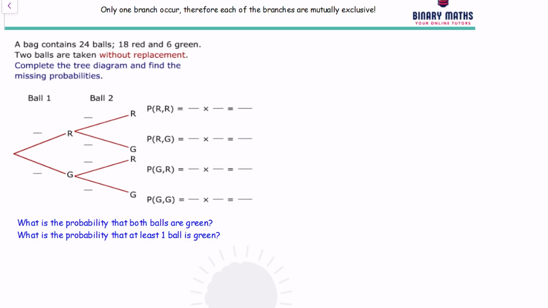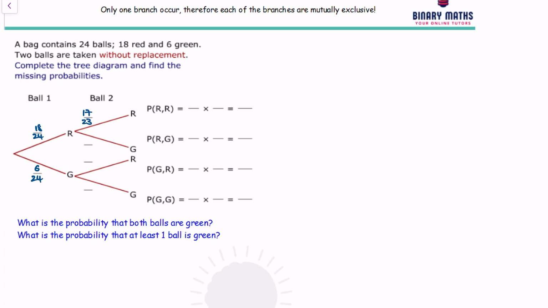So the probability of red is 18 out of 24. I'm not going to simplify because you don't get any extra mark for simplifying. Green is 6 out of 24. Now, the probability of picking red for the second ball, because we've already picked a red for the first, will be 17 out of 23, because there are 23 in total now, 17 of them red.